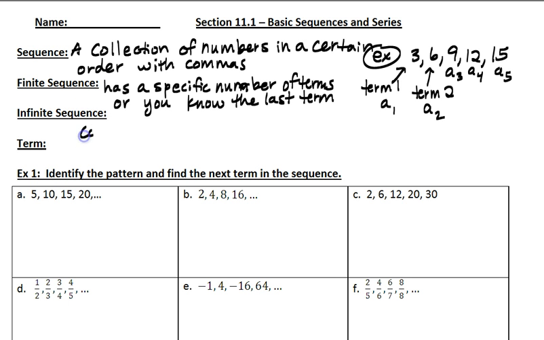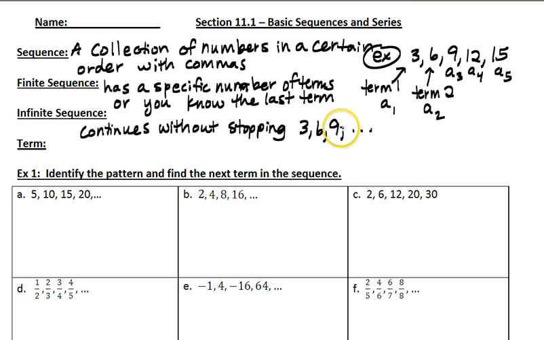An infinite sequence continues without stopping. For example, 3, 6, 9, ... The ... means it's infinite. Unless sometimes they specifically tell us that we're ending at term 100 or something like that. And each number in the sequence is called a term.